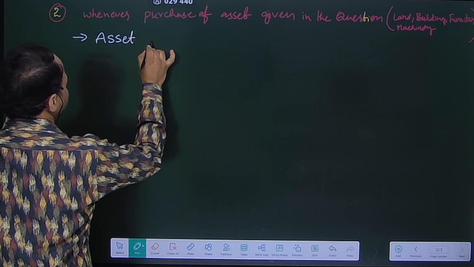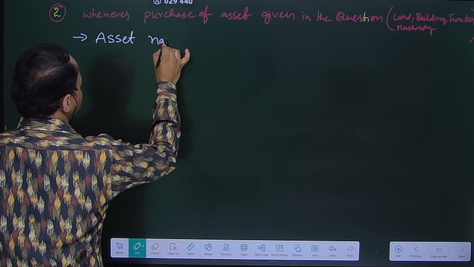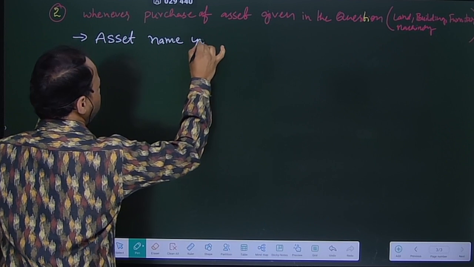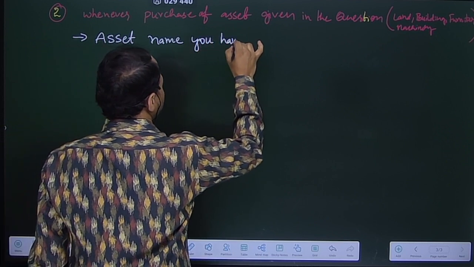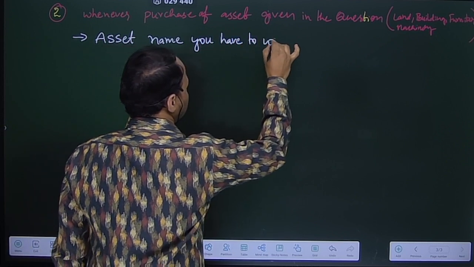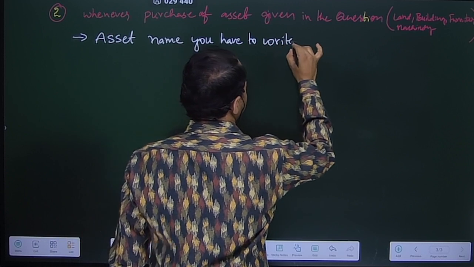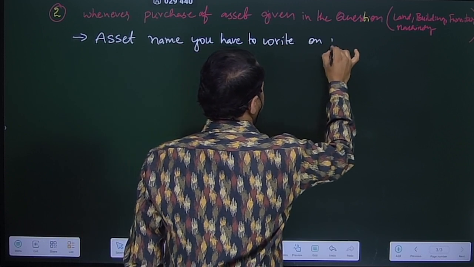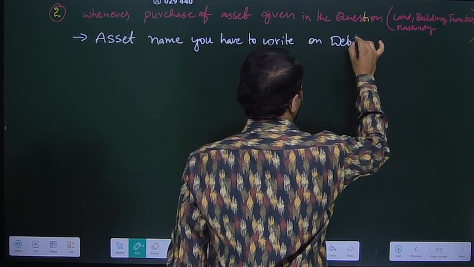The asset name you have to write on the debit side.